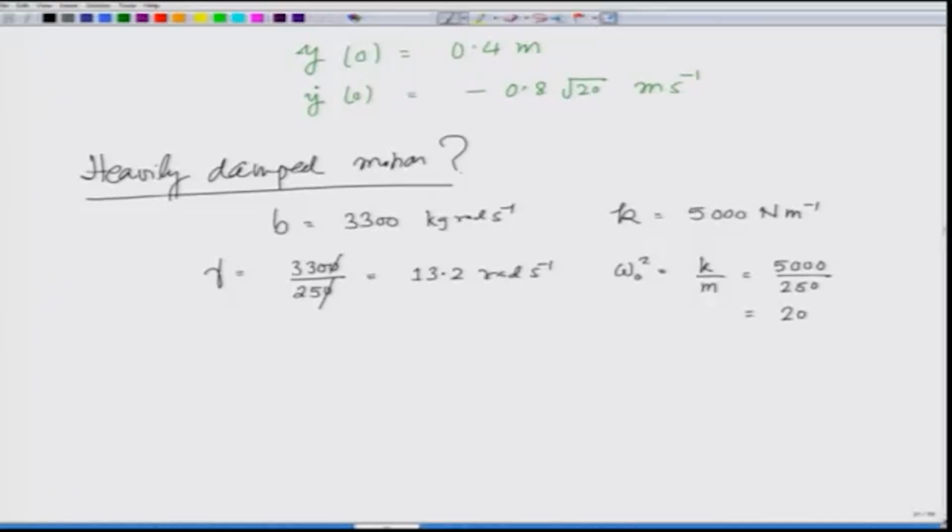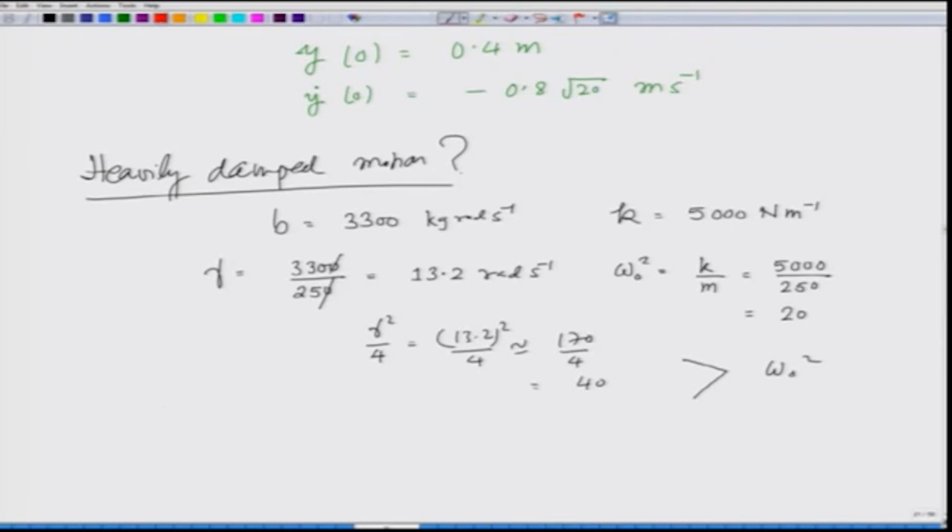So, now gamma square over 4 is going to be 13.2 square over 4, roughly 170 over 4, which is about 40, and that is greater than omega 0 square.